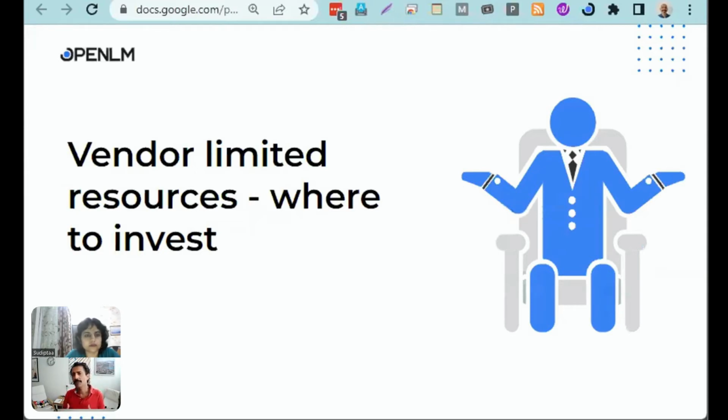The vendors are also limited in resources, the same as us, and they are always asking themselves where to invest. And sometimes, as users, we always want them to focus on the core functionality of the product and where exactly I want to use the product, because the products are very wide and everyone is using specific parts of the product.